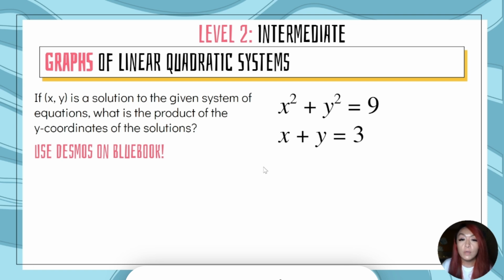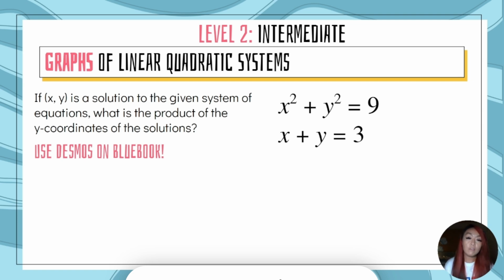Now, both of these equations are not set equal to y. In Desmos, you can graph any equation in any form. You can literally write in x squared plus y squared equals 9 into Desmos, and it will graph it for you. You don't need to solve it, and you don't need to isolate any variables. So I would use and abuse that feature.